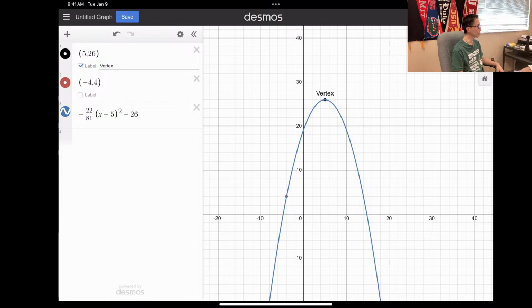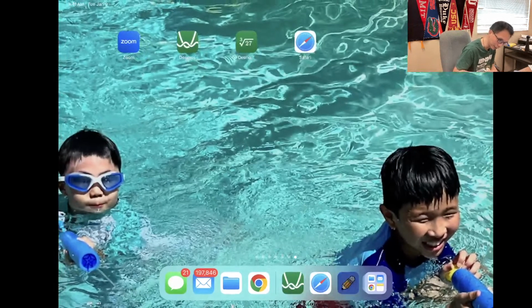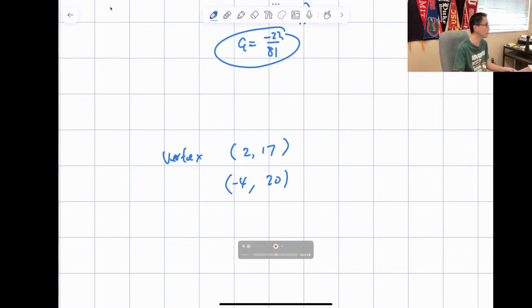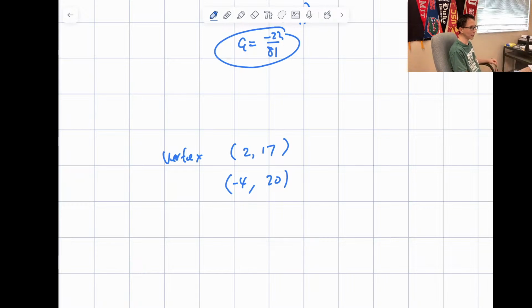Any questions? I'll give you something. Let's see if you can find it. So let's say the vertex is 217, and 420. Can you find out what a vertex form that goes through 217 and -420 is?